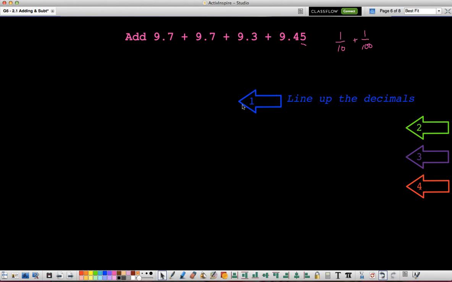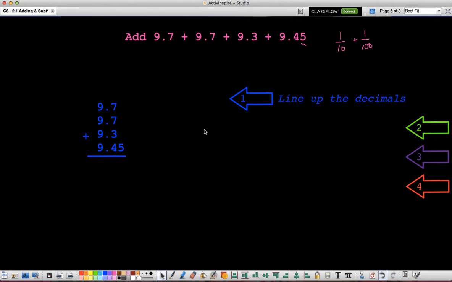Okay, so our first step when adding and subtracting decimals is to line up all the decimals. So what that means is we're taking 9 and 7 tenths and we're taking all the decimals and they should all be lined up. By doing that, we've lined up all of our ones place numbers, all of our tenths place numbers, and then all of our hundredths place numbers.